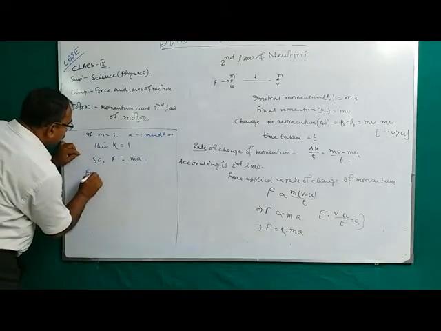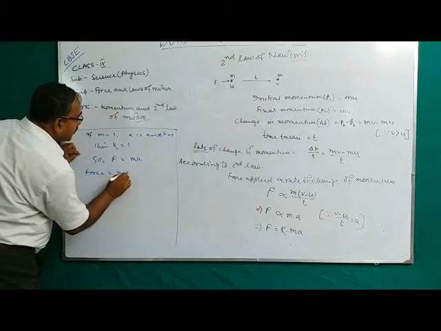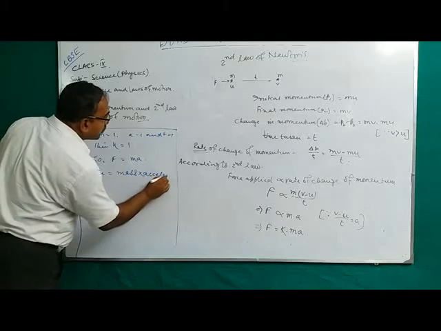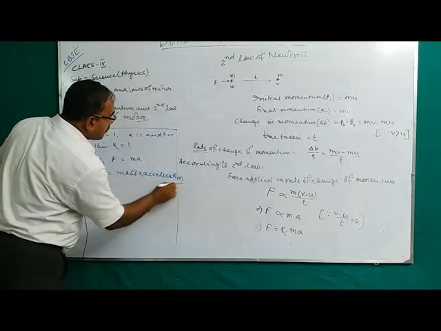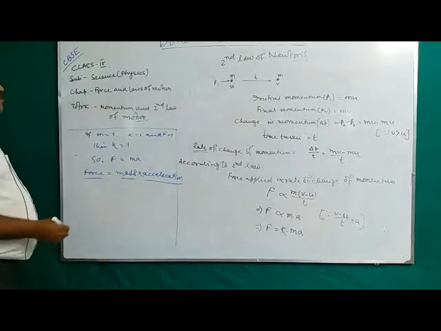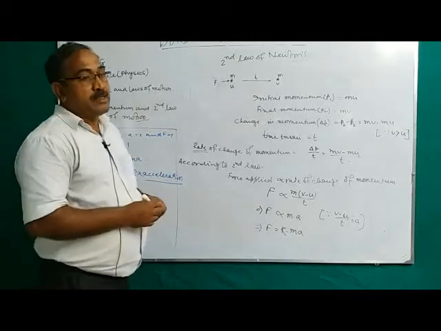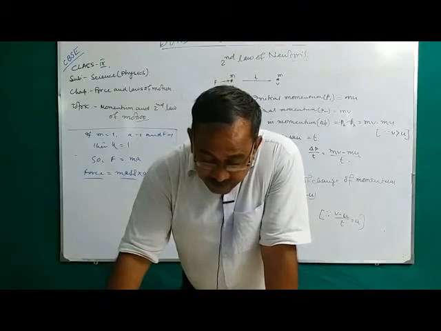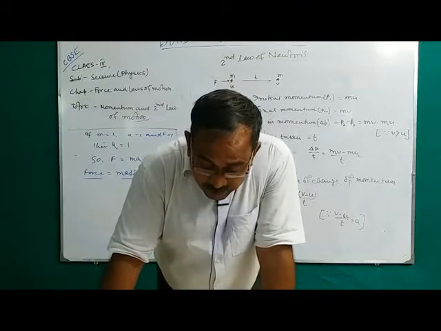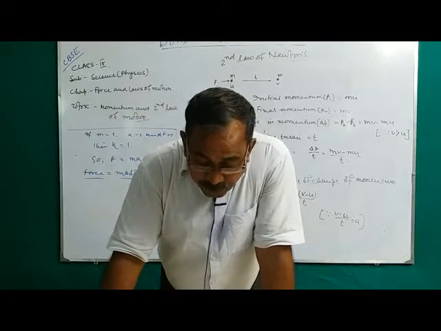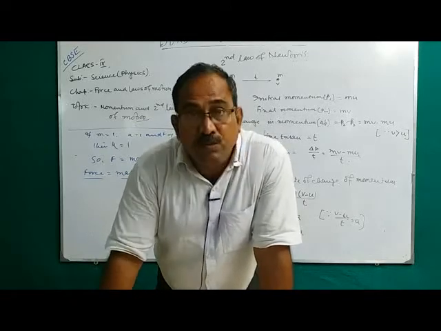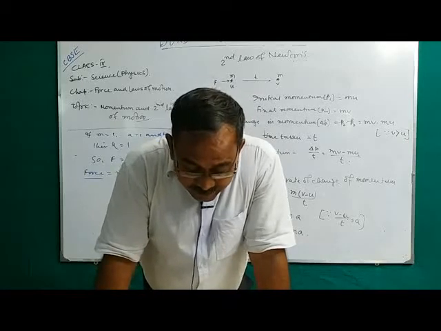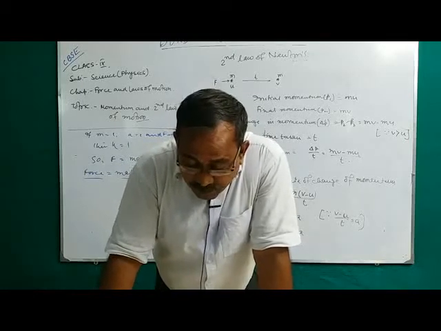Force equal to mass into acceleration. What is the unit of force? Force acting on the body is directly proportional to its mass and is directly proportional to its acceleration. This gives the mechanical form of Newton's second law of motion.